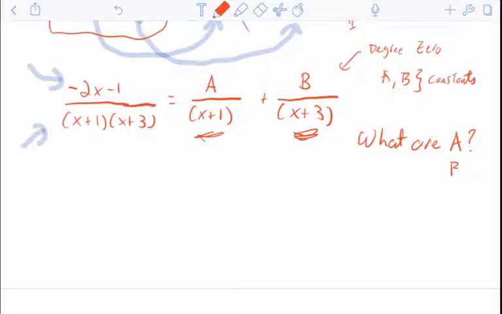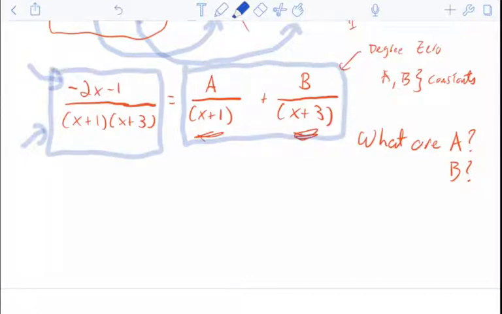So how do we figure that out? Well, as far as we're concerned, A and B can be any number. I don't care what their values are. The only thing I care about is that when I add these two together, you get back this expression. Let me write that out.